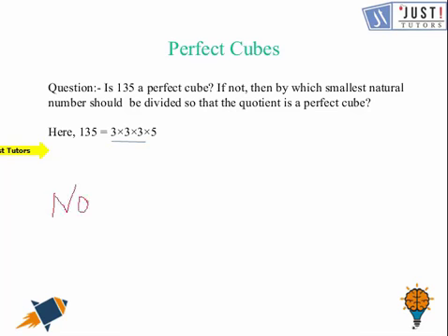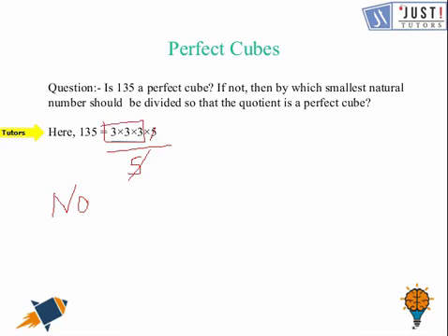If it is not, then we need to find the smallest natural number by which we can divide this so that the quotient is a perfect cube. Here 5 is left alone, so if I divide this by 5, it will become a perfect cube because I'm only left with this.